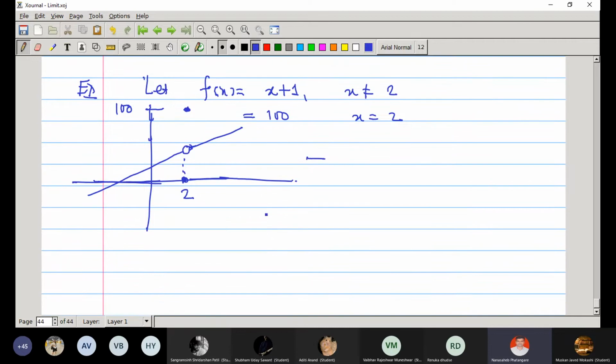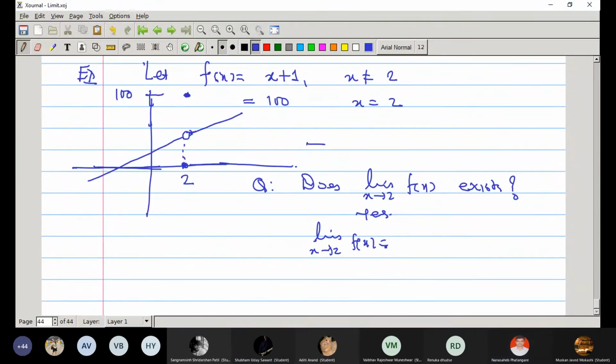Fine. Now the questions are: does the limit as x tends to 2 of f(x) exist? Yes. So what is the limit as x tends to 2 of f(x)? 3. Very good. Now is the function defined at 2?